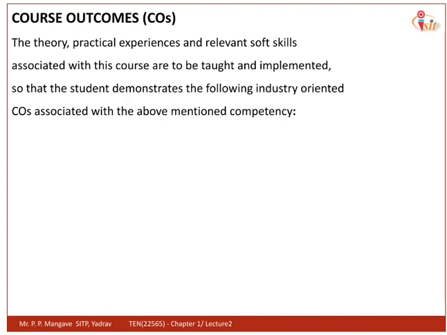Next, what are the course outcomes? That is, after you study the tool engineering subject in this semester of mechanical engineering, that is fifth semester, what are the things that you will be able to learn after this course ends? First, you will be able to select a proper tool for a manufacturing operation.